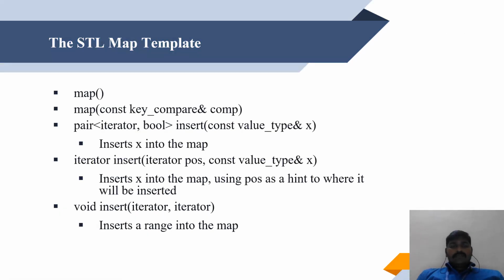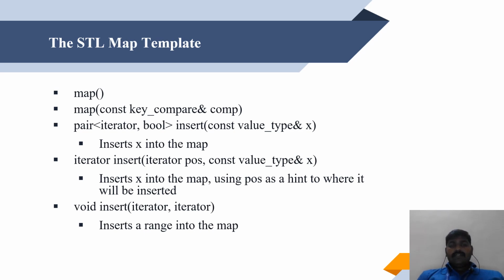Then we'll get into STL map. We have certain templates, and we'll see them one by one. In the map template, we give the key to be compared, and the object, ampersand comp, denotes the object. We just need to mention it.